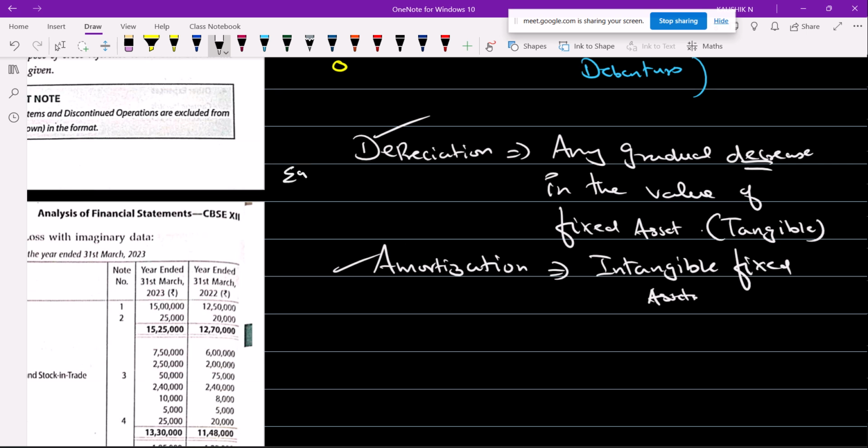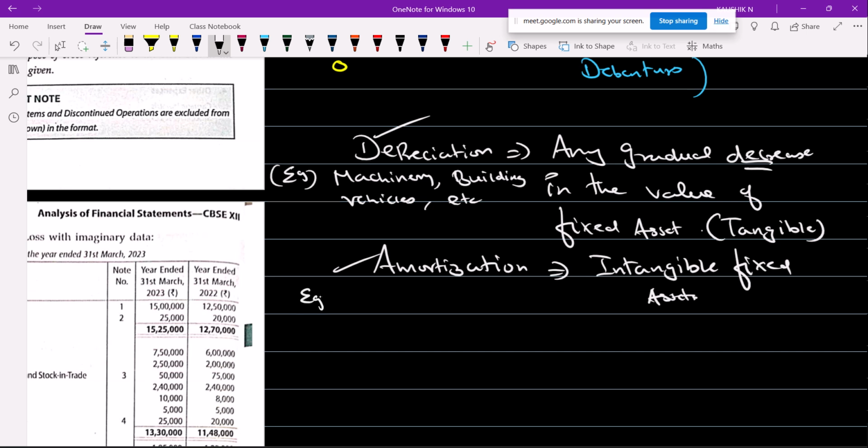Examples for depreciation are machinery, building, vehicles, etc. These are all tangible fixed assets.